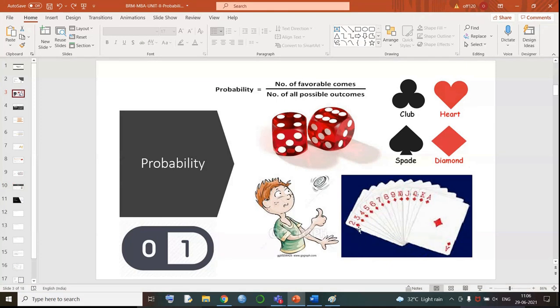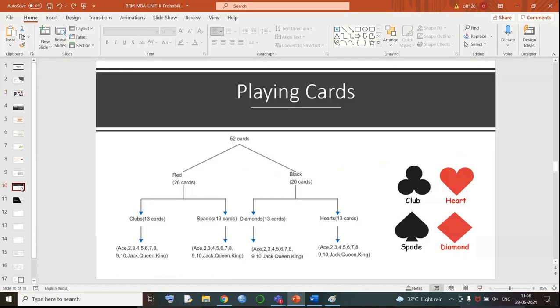It is very clear here. These are the numbers, and J, Q, K, A: Jack, Queen, King, and Ace. This complete one colored and one type of symbol is called a suit.